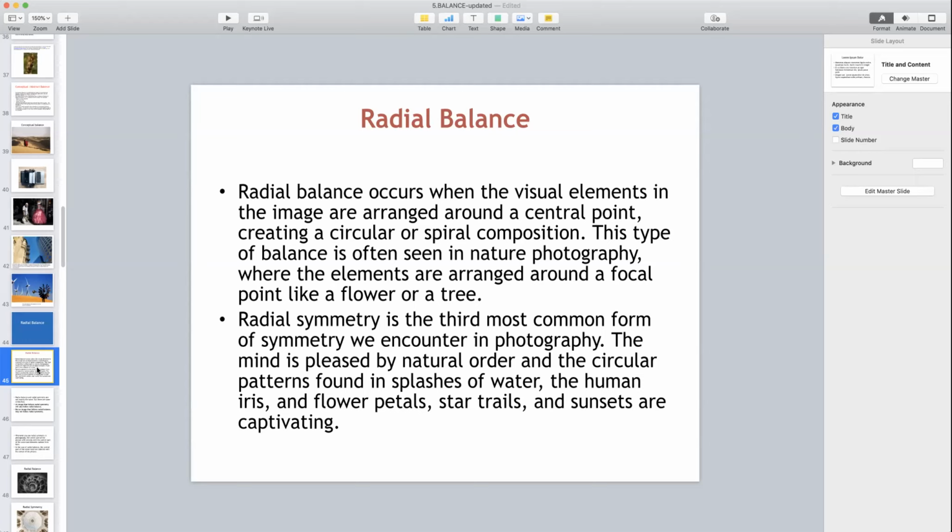Radial symmetry is the third most common form of symmetry we encounter in photography. The mind is pleased by natural order and the circular patterns in splashes of water, the human iris, the flower petal, the star trail, sunset, etc.